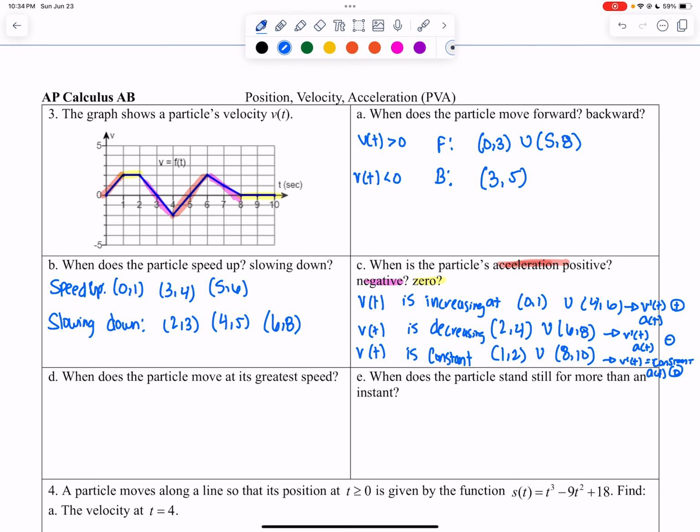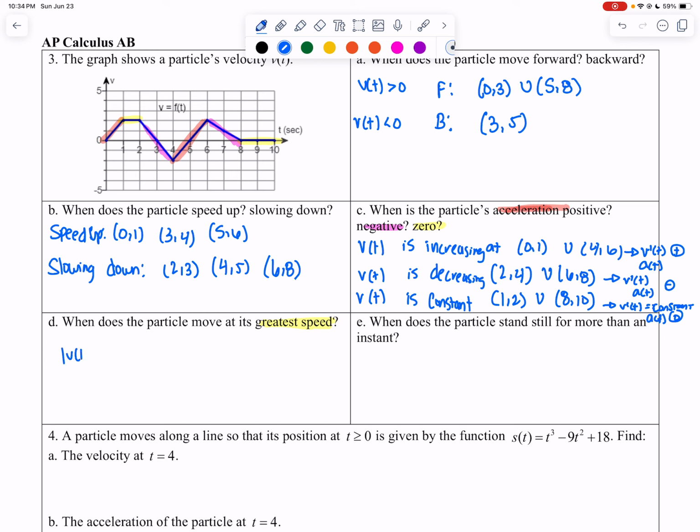All right, part D says, when does the particle move at its greatest speed? Since we're talking about speed here, we're just going to be looking at the absolute value and seeing where my maximum is. So here, my maximum is at 2. And you'll notice that if I do the absolute value, this is also going to hit 2.